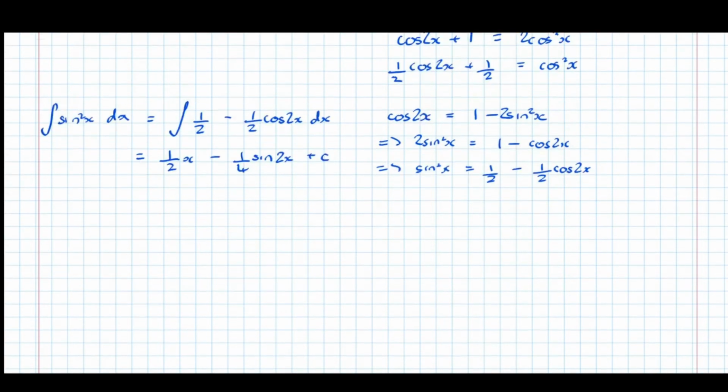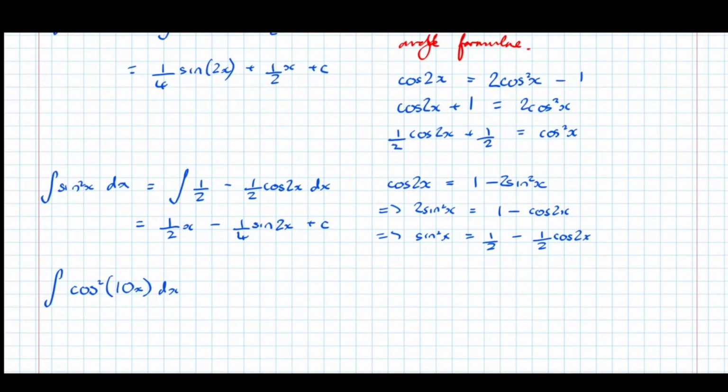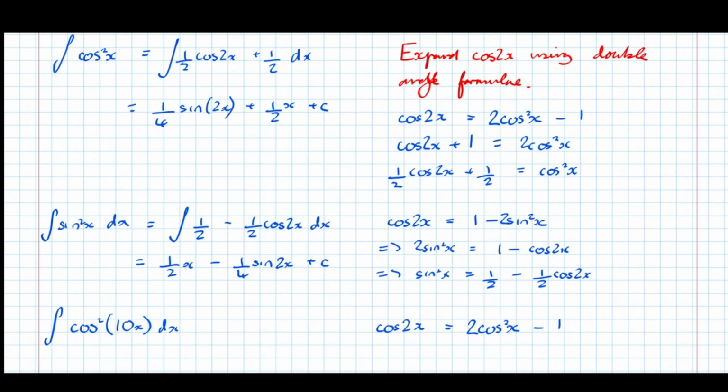So let's extend on this. Let's have a look at how to find the integral of cos squared of, let's say, 10x dx. We're going to use the same expansion that we did before. There it is there. So let's just copy and paste that down there, except notice this time the difference between this and the previous question is that x has been replaced with 10x.